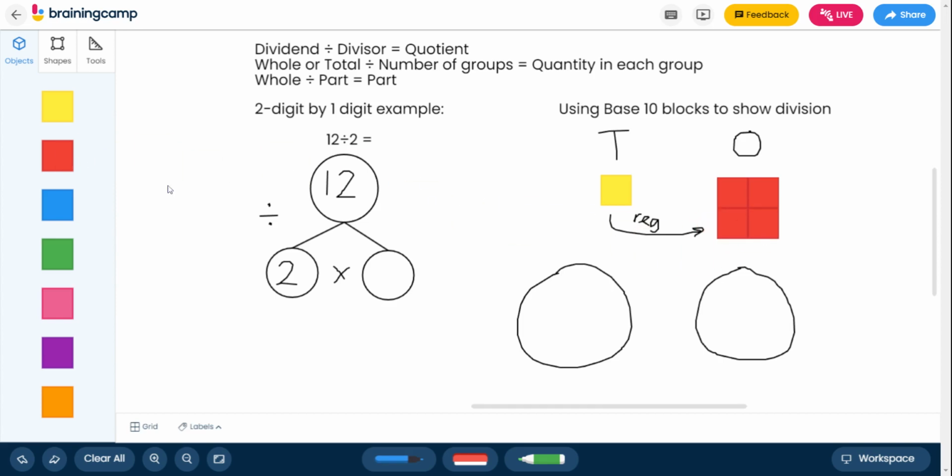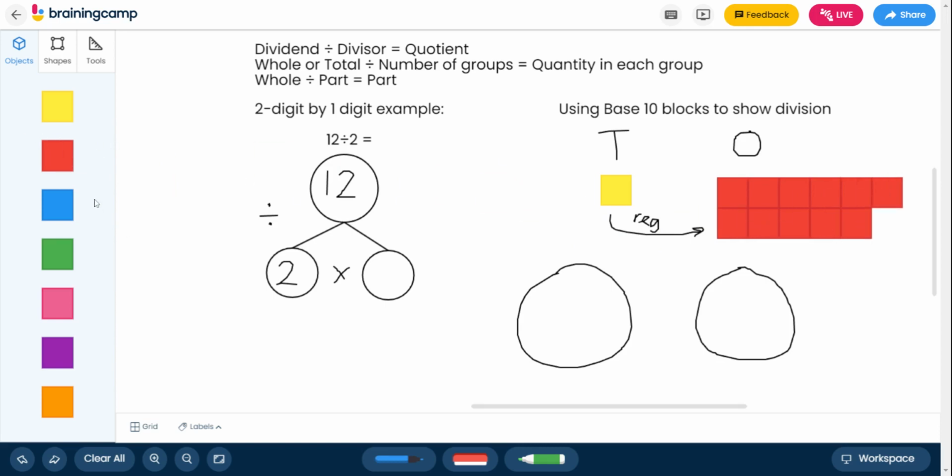And of course, ones can't be in the tens place, so we have to put them in the ones place. I hope you're counting. We need how many more? We need 2 more here.